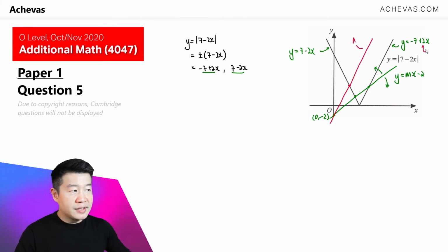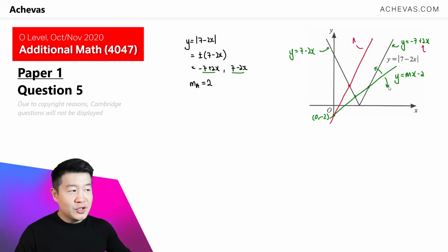So this 2 will define for me the gradient of this line, which is going to be parallel to this line, which means that the gradient of line A is equal to 2. So m should not exceed 2, or else this line is not going to cut the graph at two distinct points anymore. It is going to be cutting at just 1 point.